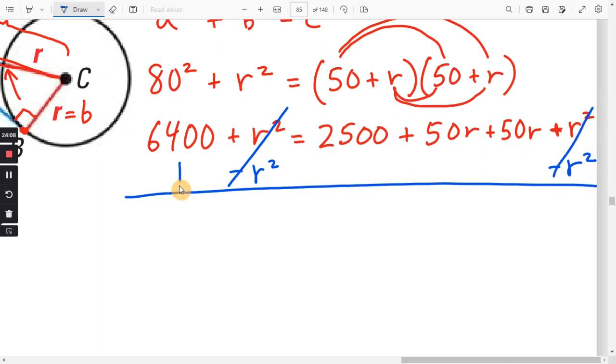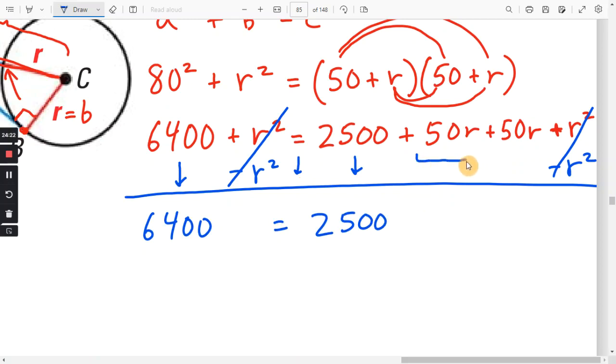So I'm going to bring down 6,400, bring down the equal sign, bring down 2,500. And combining 50R plus 50R, that's going to be positive 100R.